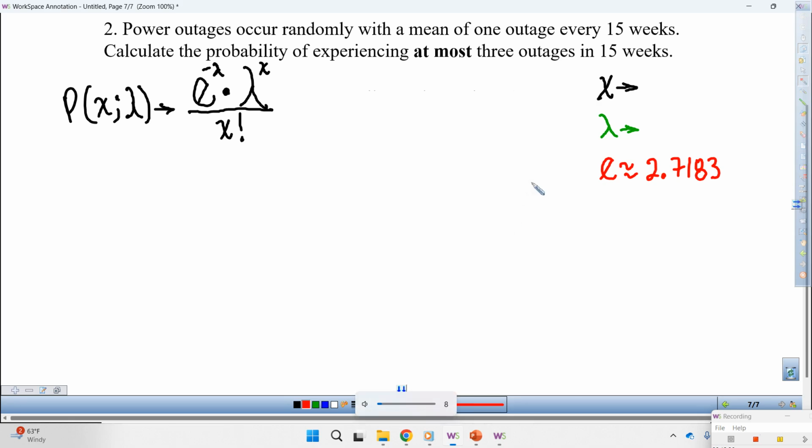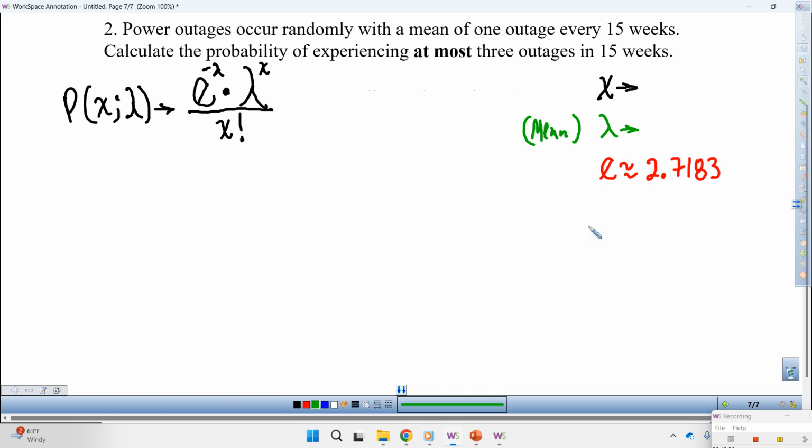Okay. Next, we're going to read the problem and figure out what lambda is to get started, because that's the mean. Is that correct? Lambda is known as the what? Mean. All right, it reads, power outages occur randomly with a mean of 1 every 15 weeks.